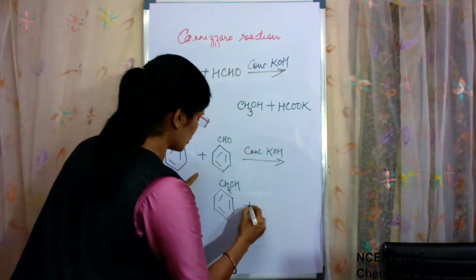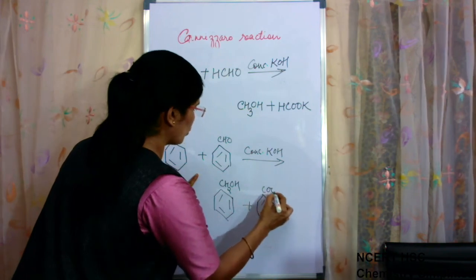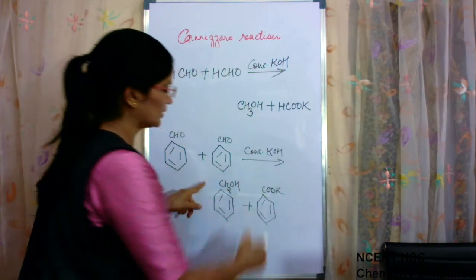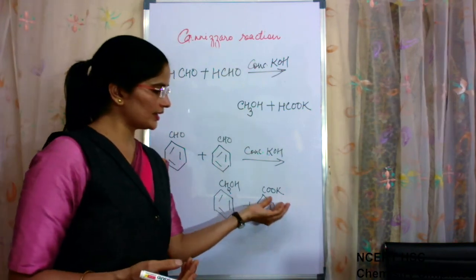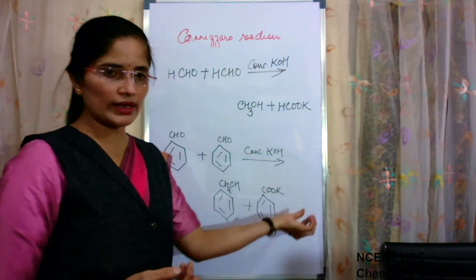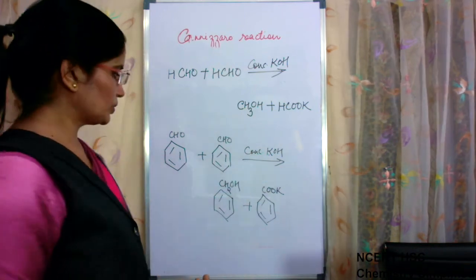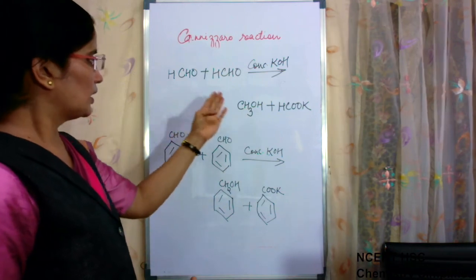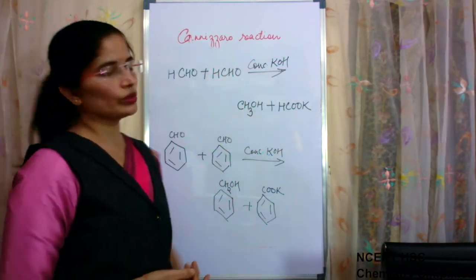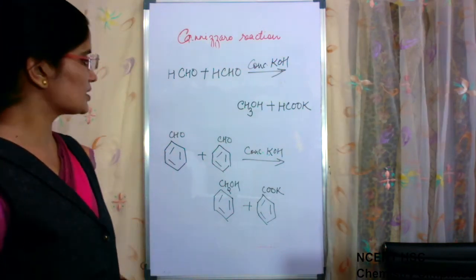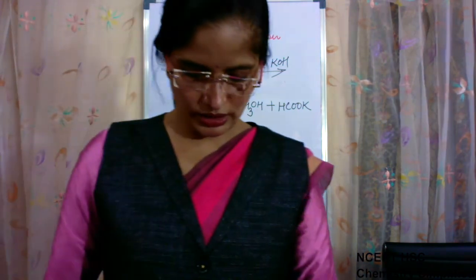This is oxidized, so it will form C6H5COOK. On hydrolysis, in presence of acid, it can again be converted into COOH, but in the first step it will be forming COOK. Okay, so these are the oxidation and reduction products in Cannizzaro reaction. So this is all about Cannizzaro reaction. Okay, so today we stop here.